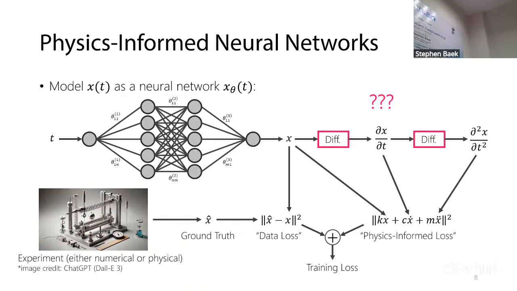So what you ought to do is to sample some random points in that physical domain, right? And then on those randomly sampled points, you evaluate the physics-informed loss terms. And remember that for the evaluation of the physics-informed loss, you do not need the ground truth, okay? For data loss, you needed to evaluate the x hat.